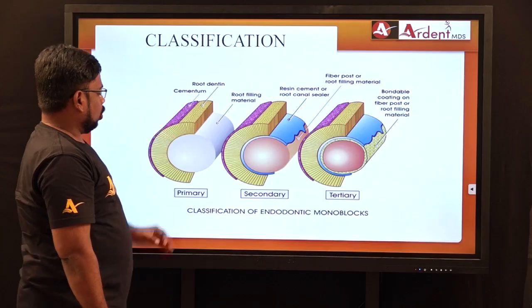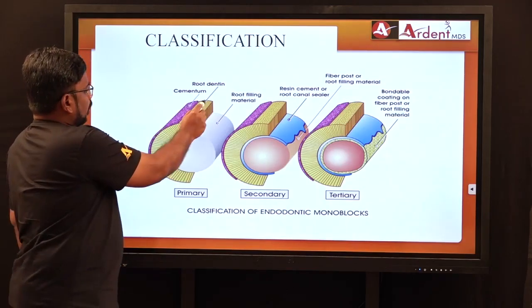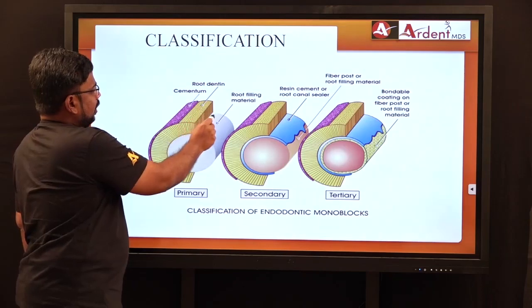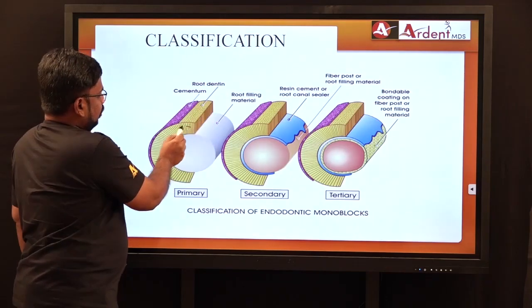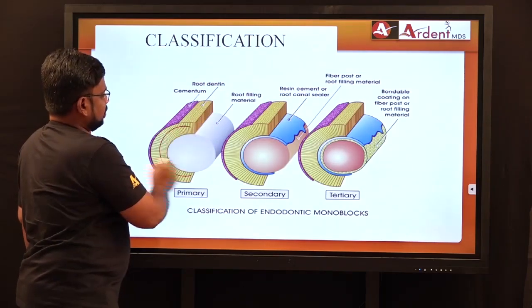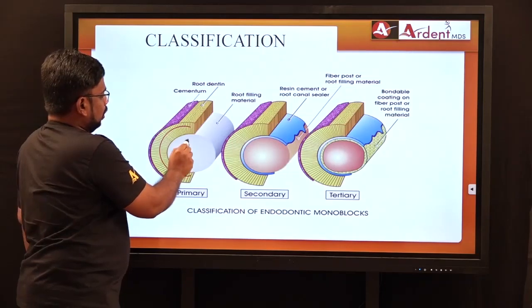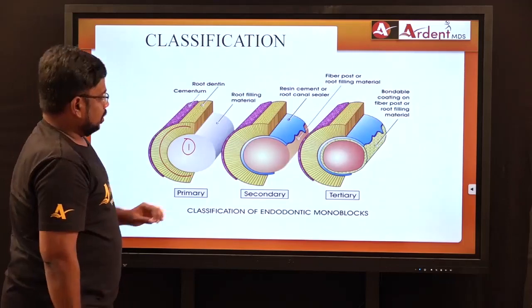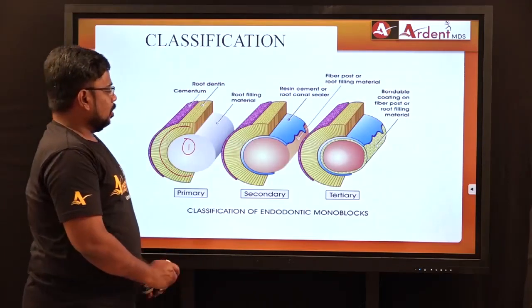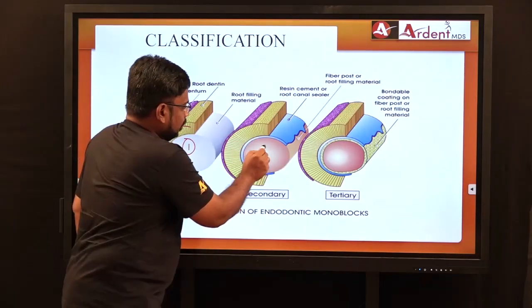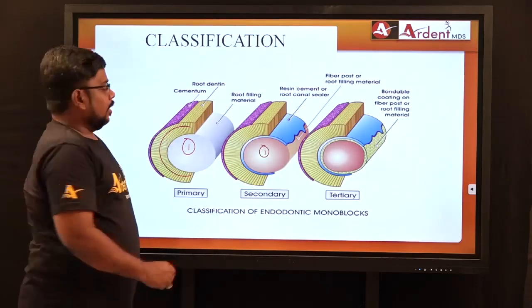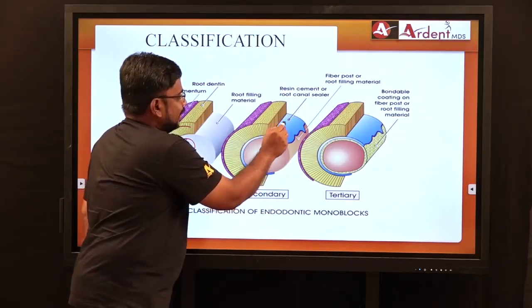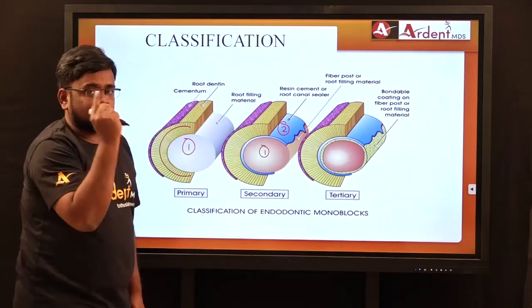So this is a primary monoblock. You have a root canal, so the dentin, inside the root you have a dentin surface, and here you have only one material in the primary monoblock concept. Secondary monoblock concept, you have a core material in the center, and at the periphery you have a sealer inside the root canal.